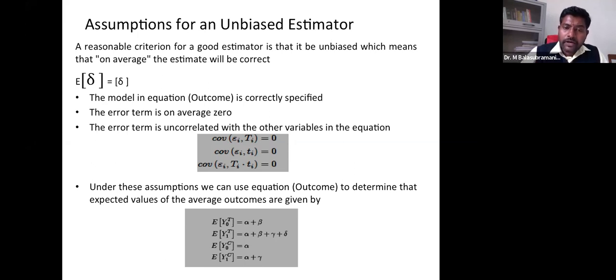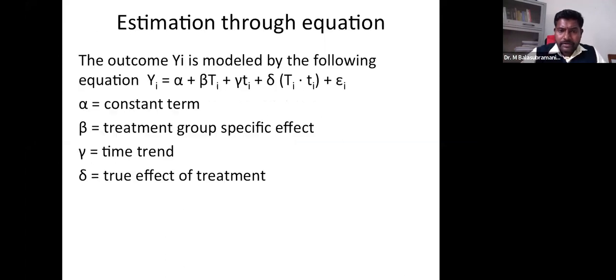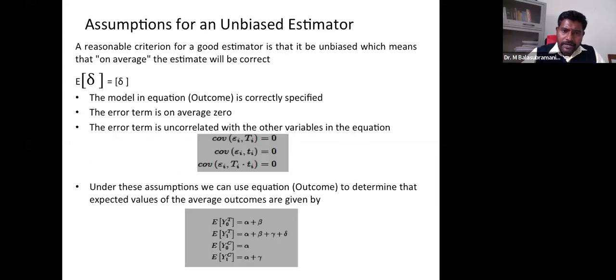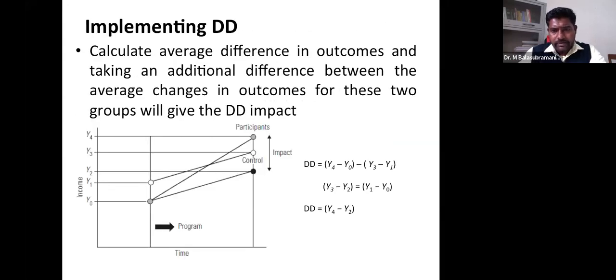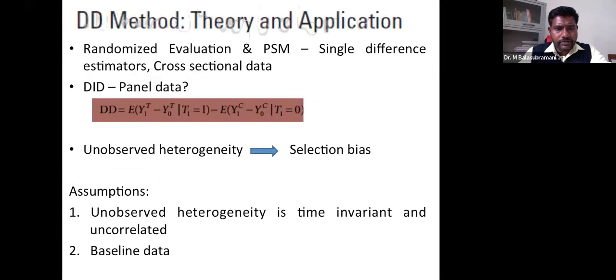For the equation to be valid, the parallel trend assumption must be true. Now, applying these assumptions to the earlier equation, we can derive our unknowns. First, the basic equation here is the double difference.